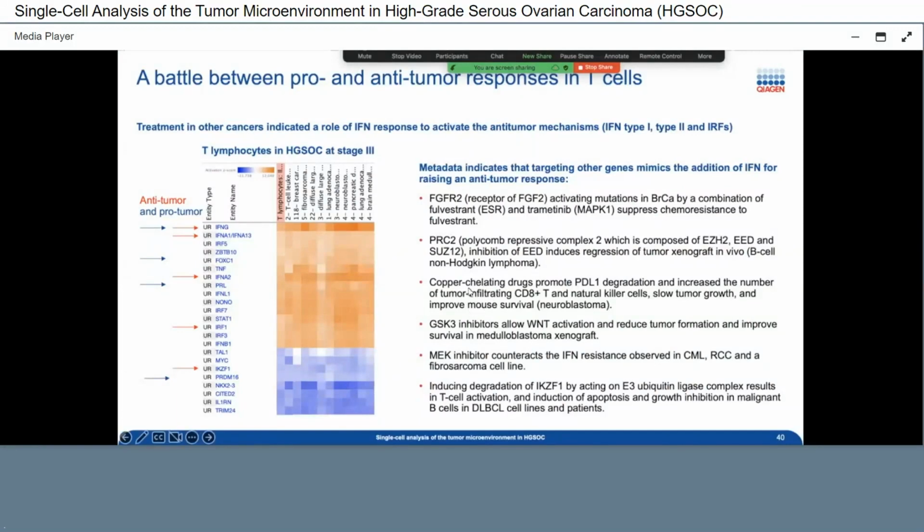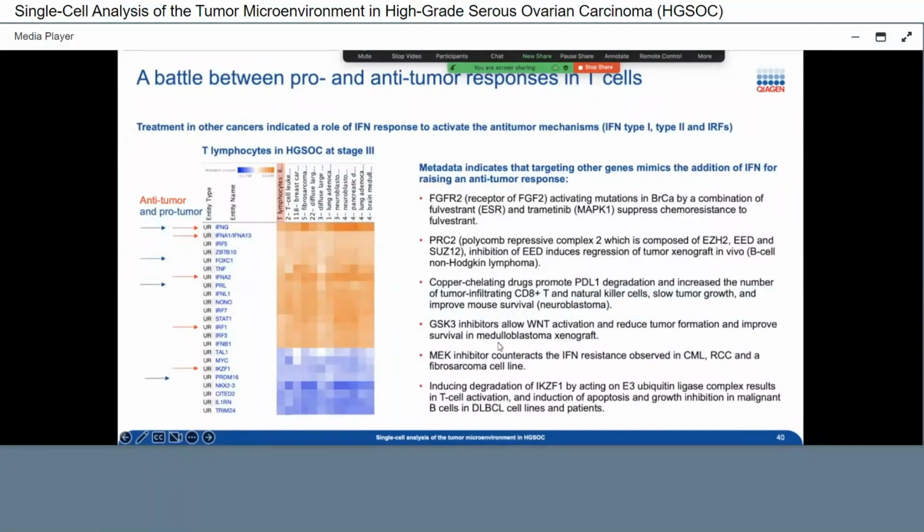We find out also that when we have copper-chelating drugs that promote the PD-L1 degradation, remember PD-L1 is used by the cancer cells to promote their life, right? Their cycle. When you promote that degradation, you increase the number of CD8 infiltrating cells, which are very important, and natural killers. By doing that, you slow the tumor growth, and it has been seen you improve the mouse survival of neuroblastoma.